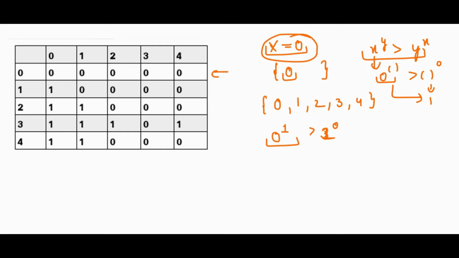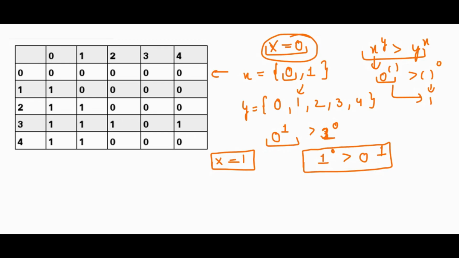Now let's say when x is equal to 1. So when x is equal to 1 and we have the same values in the y array, this is x array. So when 1 to the power 0 is greater than 0 to the power 1, this is true, right? This is one of the pairs which is possible, in which we have x greater than y.